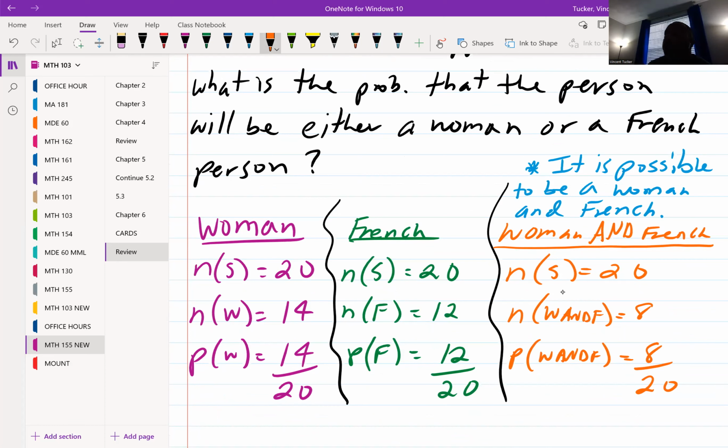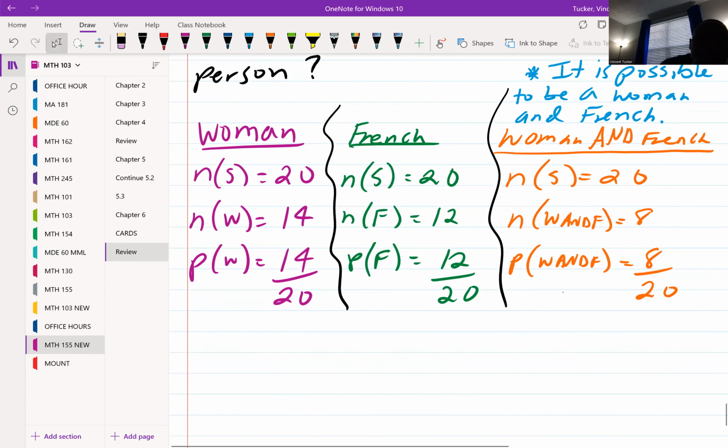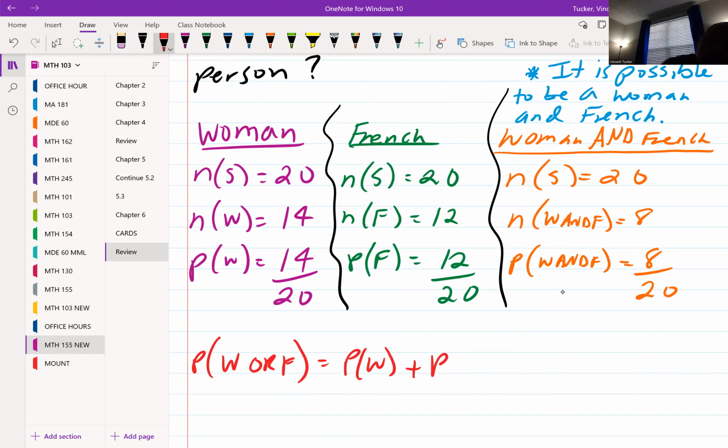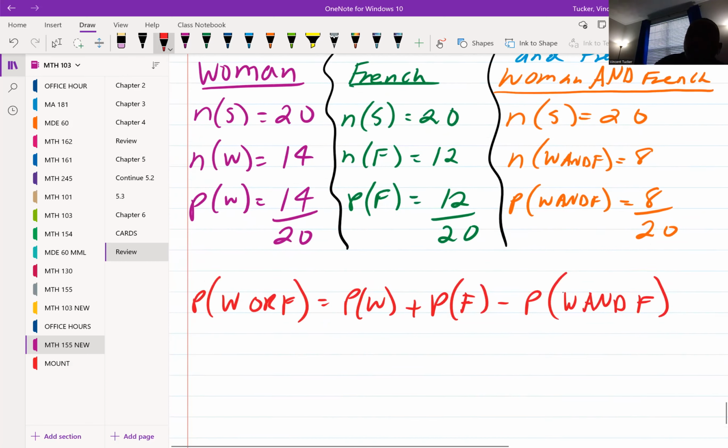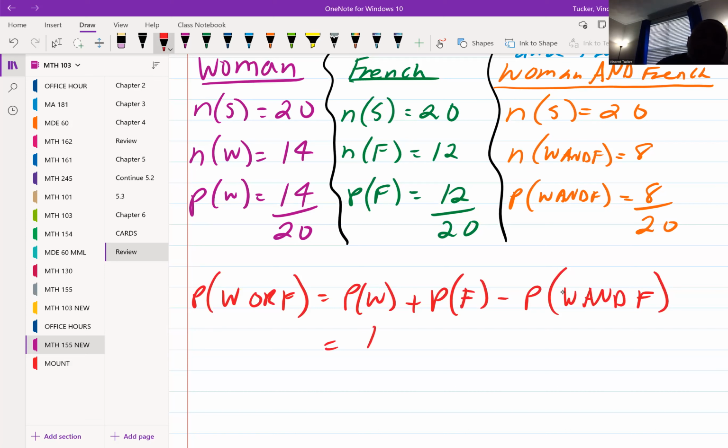All right. Any problems before we finish it off? Make sure we're good. So now that we have all three pieces, we'll take the probability of being a woman plus the probability of being French minus the probability of being a woman and French.